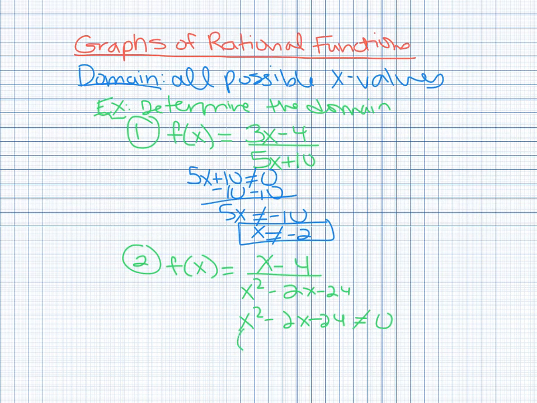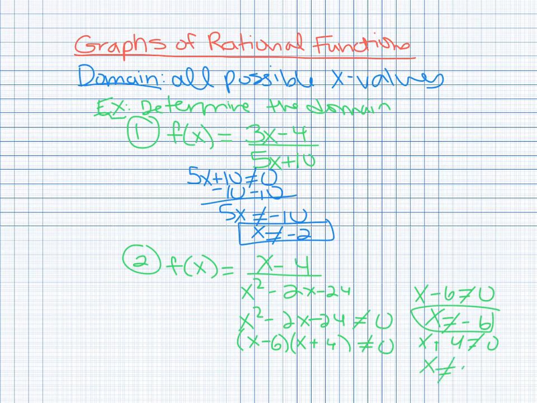In order to solve this out, I do have to factor. Remember, we're looking for things that multiply to negative 24 and add to negative 2, which is going to be negative 6 and positive 4. So my two answers for my domain here are going to be that x is not equal to negative 6 and x is not equal to 4.